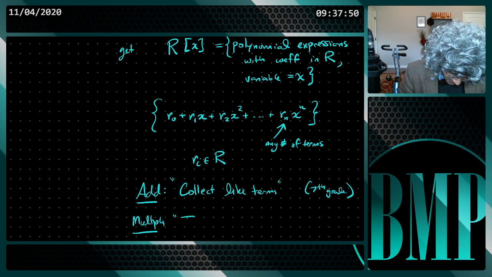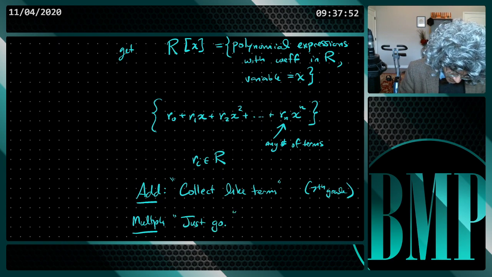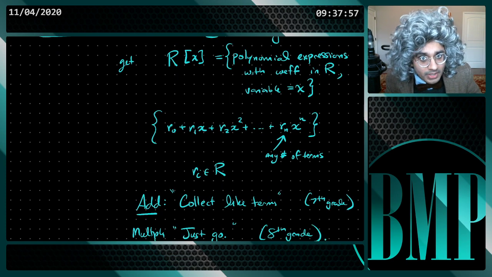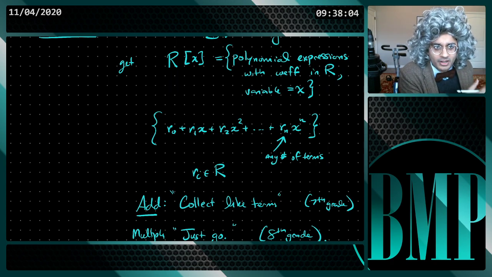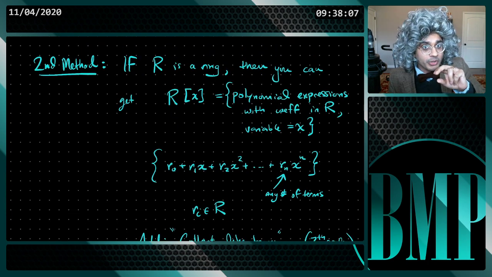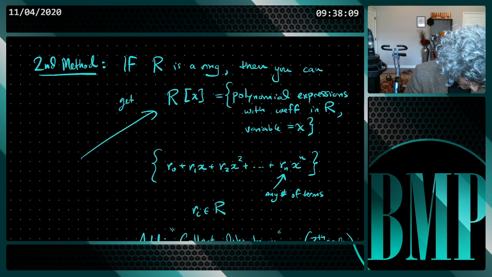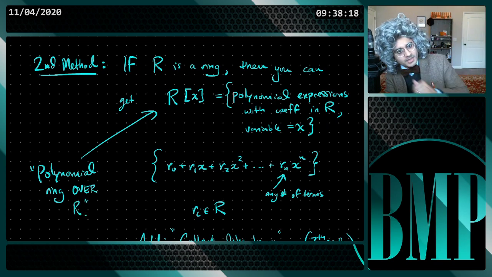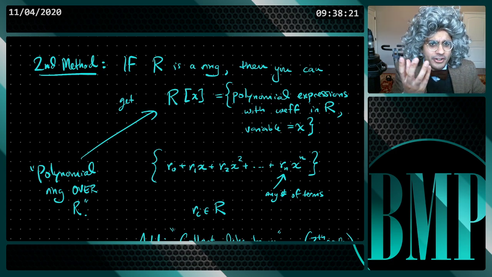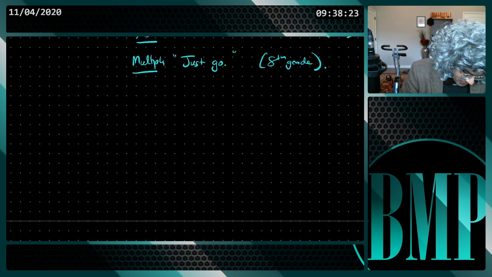Just go. 8th grade. Every time you multiply elements r_1 times r_2, that's the multiplication in the ring R. So this is called the polynomial ring over R. Okay? You can add 2 variables, polynomial ring. You can also do this.